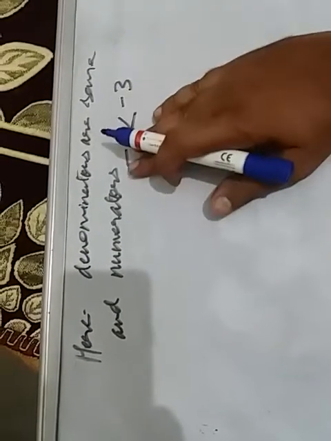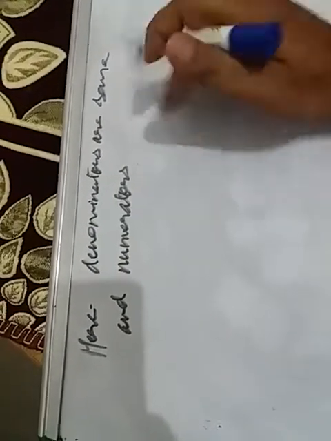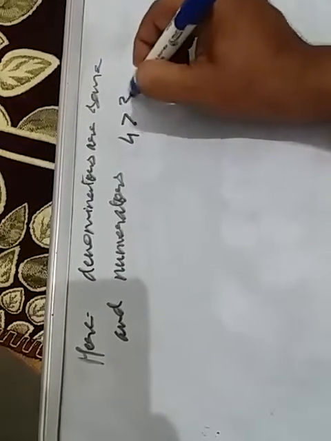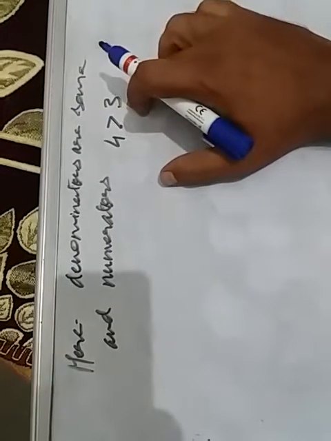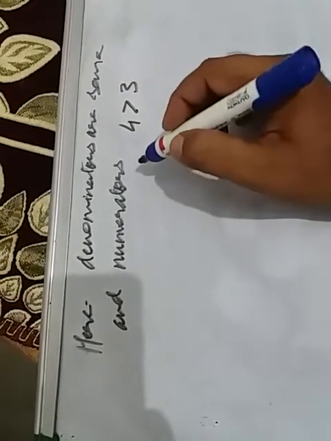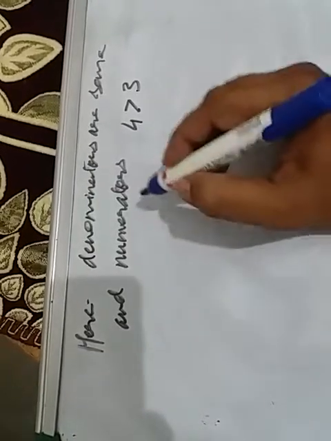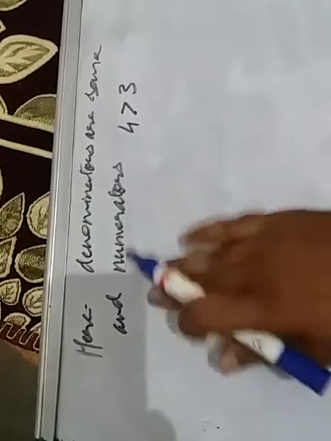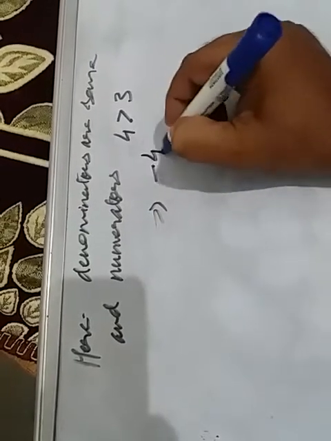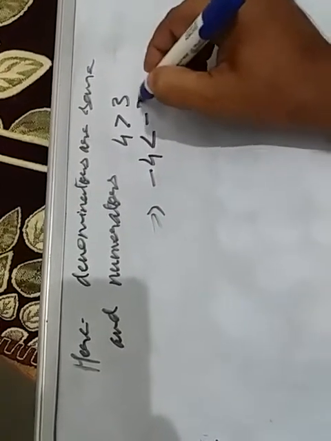Children, if you ignore the minus sign, 4 is greater than 3, which means 3 is less than 4. But if you put the negative sign, the order is reversed. This implies that minus 4 is less than minus 3.